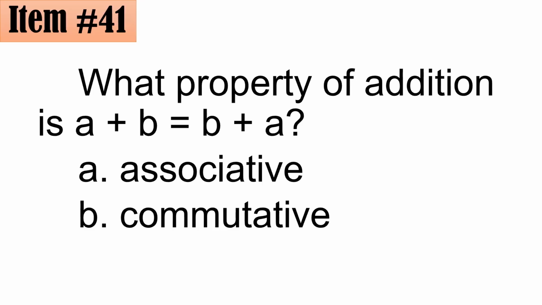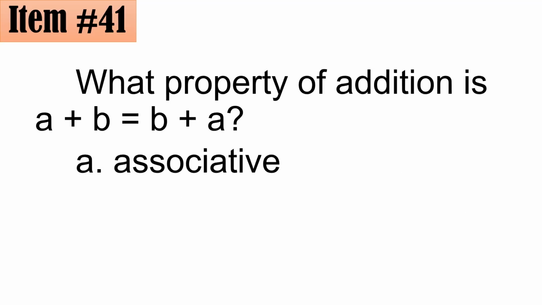Very good. 41. What property of addition is A plus B equals B plus A? Is it A, associative, B, commutative? Okay, anong tawag po sa property na yan? Associative ba yan o commutative? Wow! Many answered B, commutative. And you are actually correct.